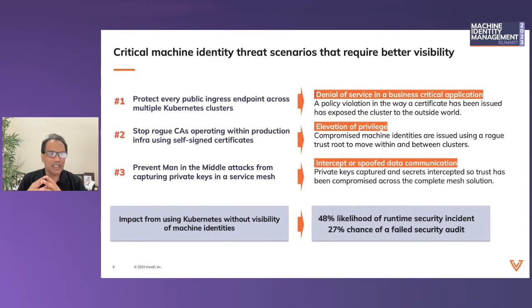These self-signed certificates are pretty common in the world of Kubernetes, especially as people think about the best way, or the fastest way, to get something rolling to secure my workloads and get a machine identity for that.